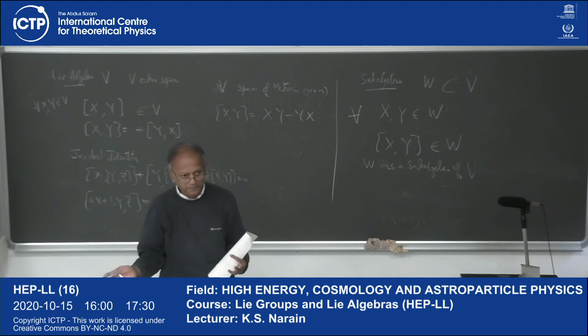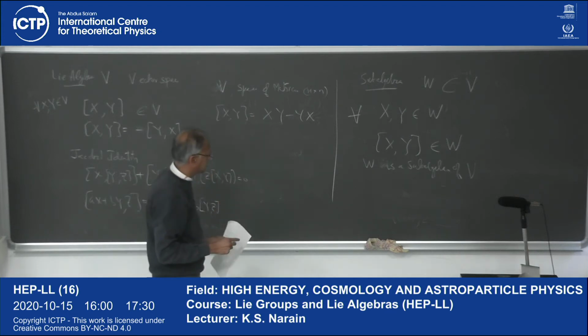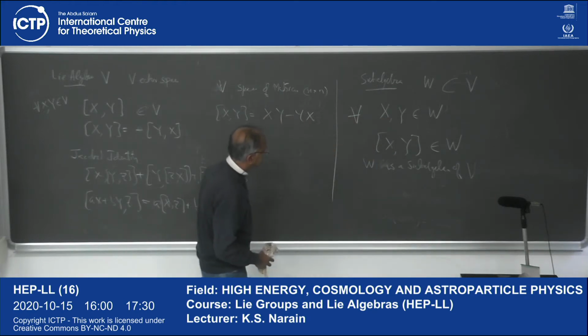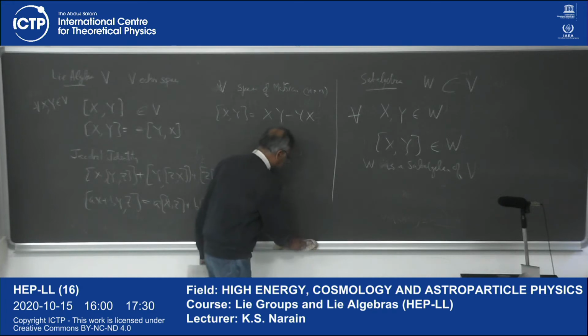Then you say it's a subgroup, right? Of course, a subgroup should have the identity, etc. It's the same thing here at the level of the Lie algebra: we use the same rules developed for V. So this is the subalgebra.